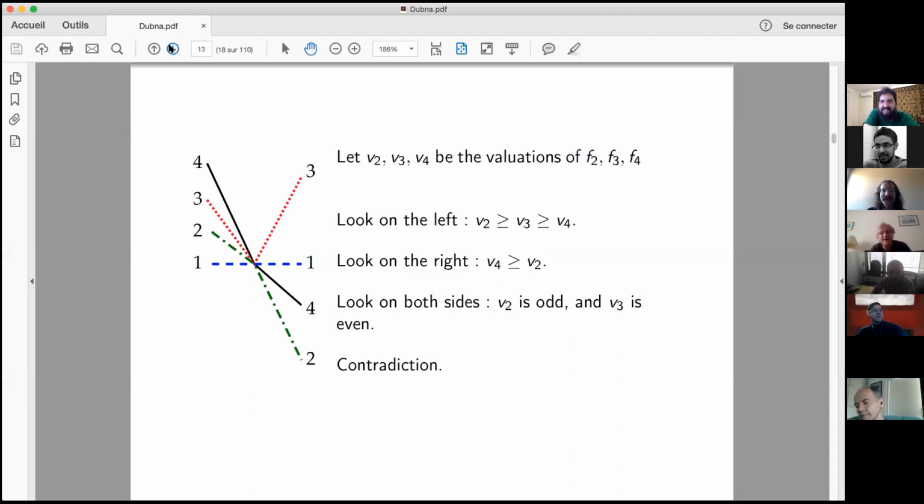But anyway, I was really amazed to see that it is possible, even today, to have beautiful new theorems with beautiful simple proofs.